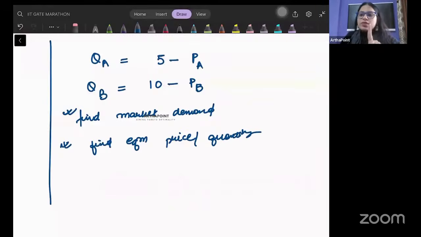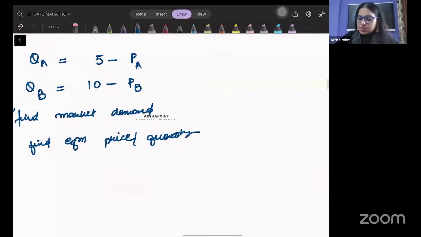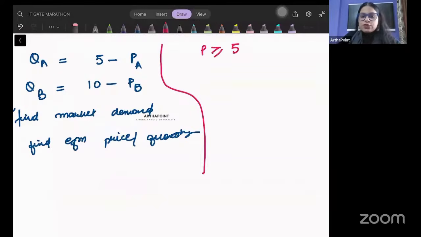Just remember one thing. Just tell me something. See, what happens when the price of the good is 6 rupees. Actually, if the price is anything greater than or equal to 5, if the price is more than 5 rupees, then what will happen in the market?